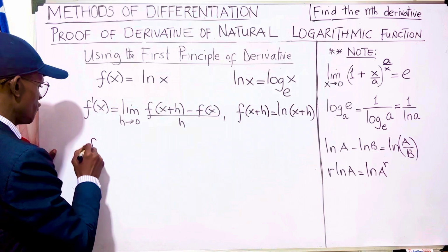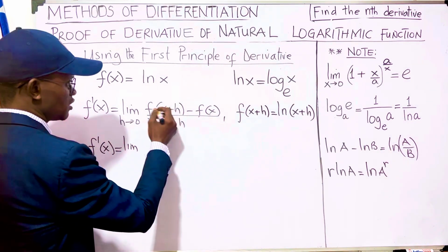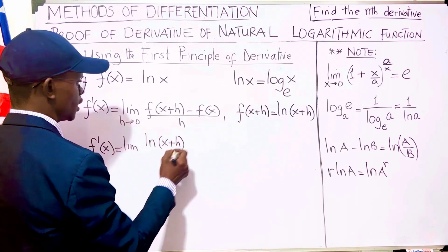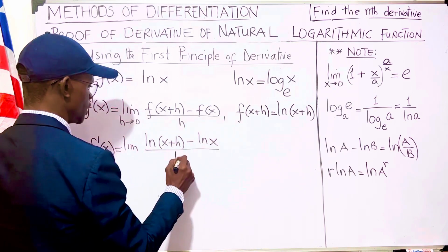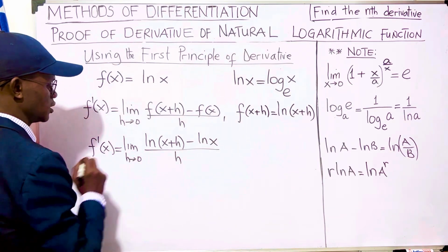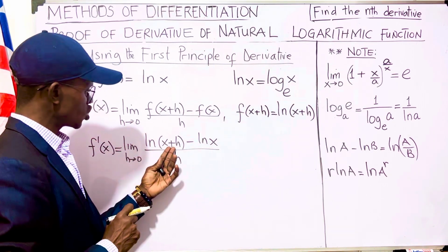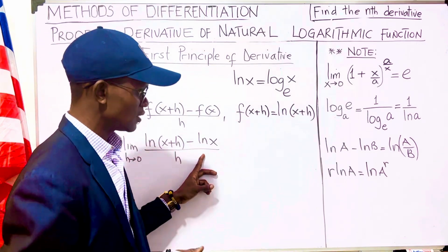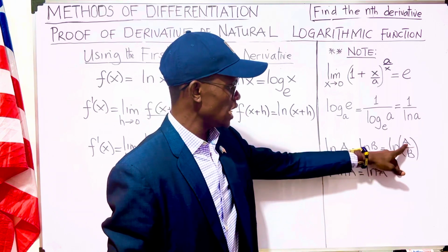So now we have f prime of x equal to the limit of ln of x plus h, minus ln of x, all over h, as h is approaching 0. Now what do we know? Whenever we have one ln minus another ln, we can bring in a property that states that ln of a minus ln of b is equal to ln of a over b.